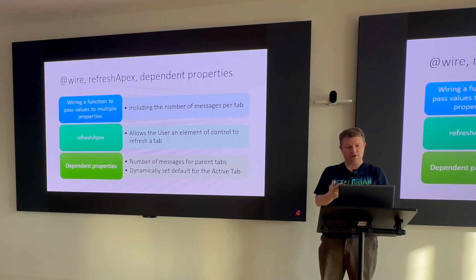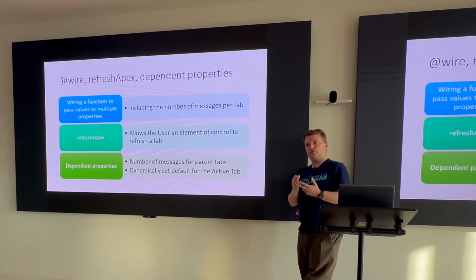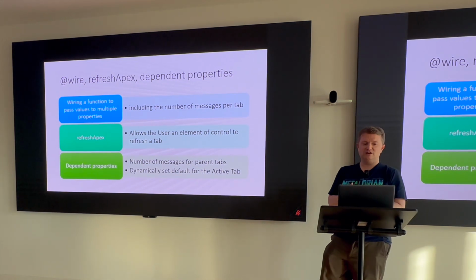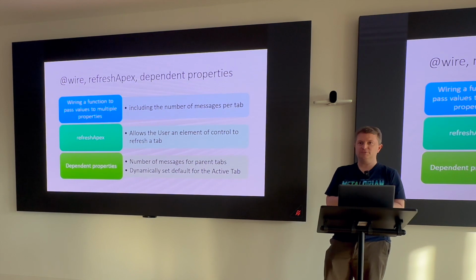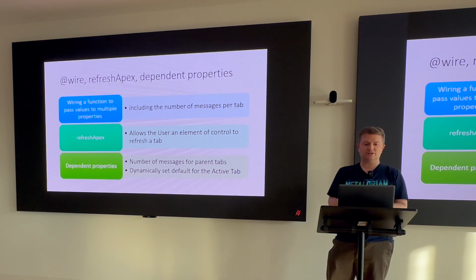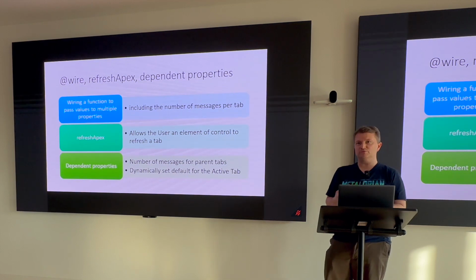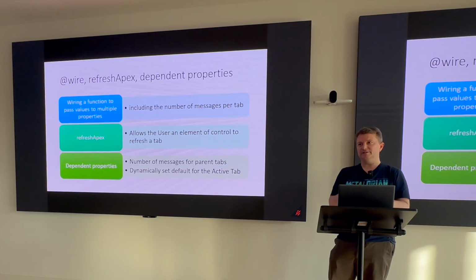Bit of housekeeping around Lightning Web Components. They do come normally with 3 files. So you'll have an HTML file, which is essentially where your markup is. You'll have your JavaScript file, which is where essentially you're doing most of the controlling, handling button clicks, and various things that the user might be doing.